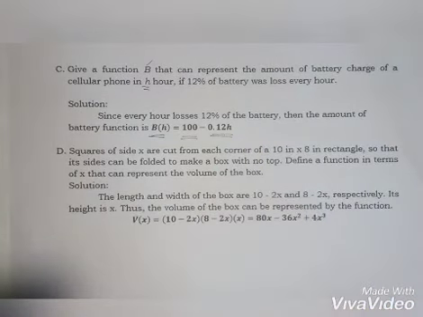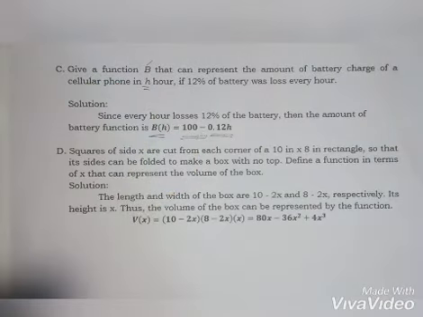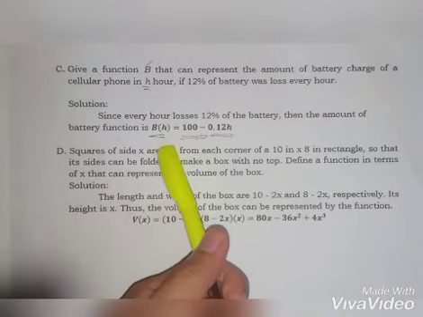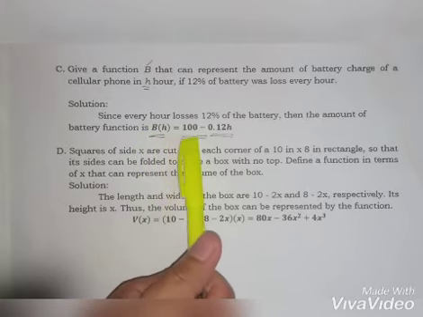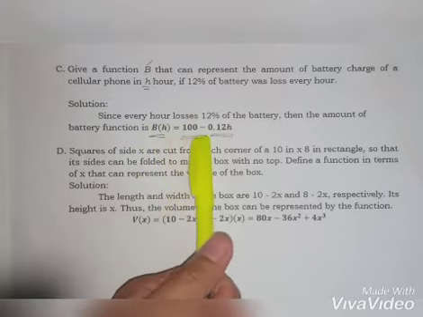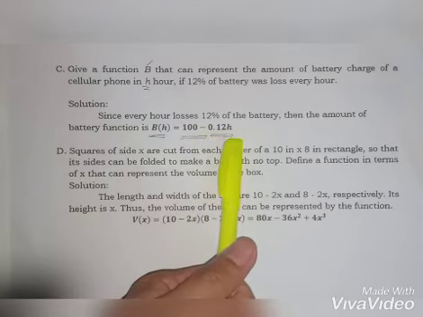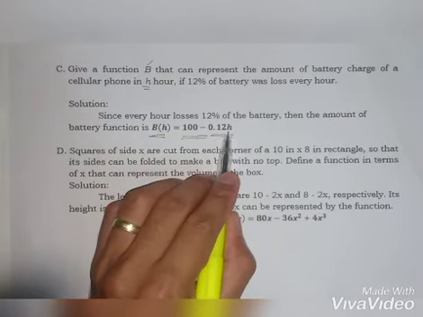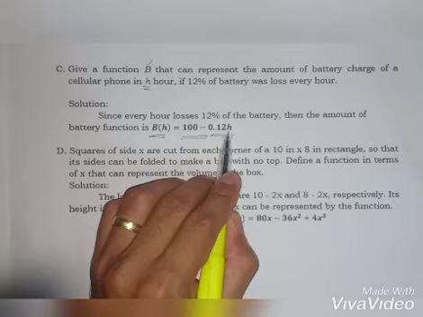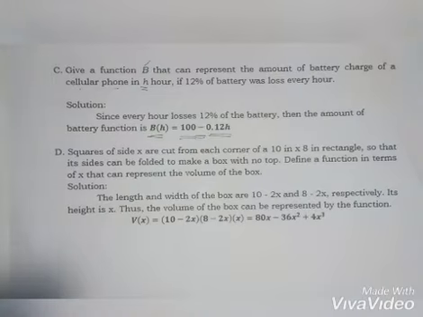So it loses, so we make use of the sign or symbol for subtraction. So the function is b of h is equal to 100 minus 0.12h. So given 1 hour, you can simply substitute 2 hours, 3 hours, 4 hours. Then you can compute for the remaining battery of a cellular phone.